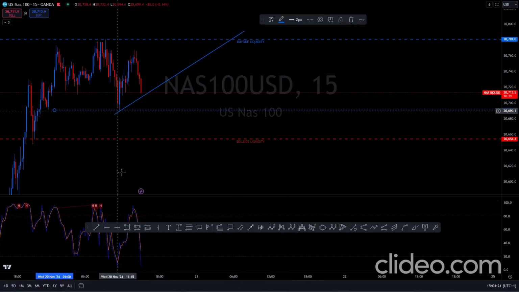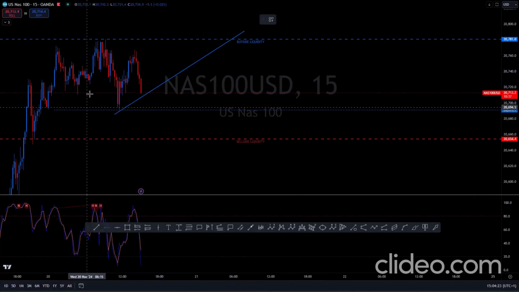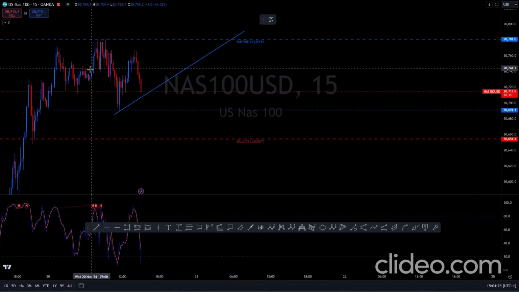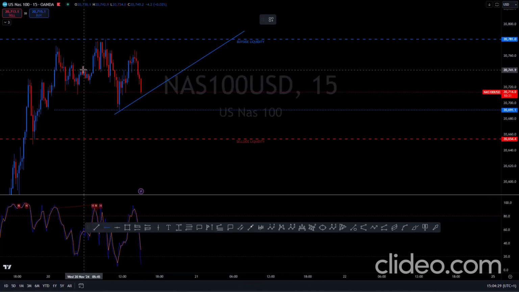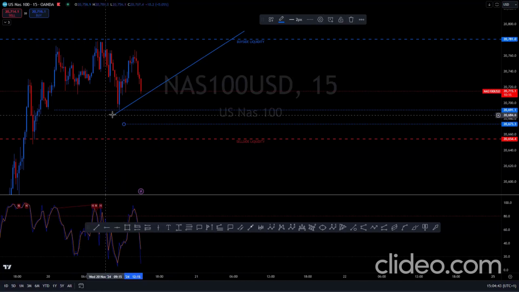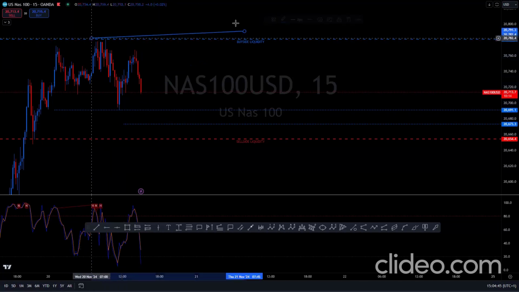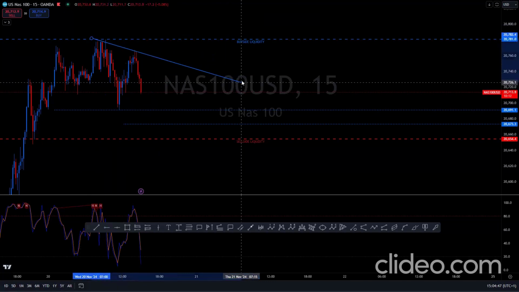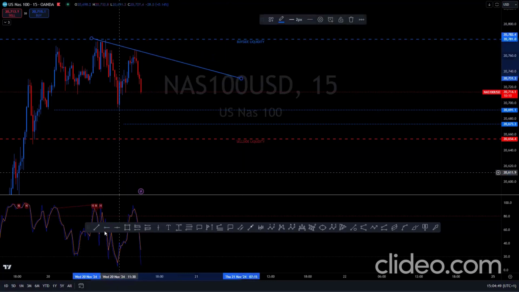So we see most recent swing low. I'm probably going to still say that price is going to be out there. So let me just skip it back. Most recent swing low.